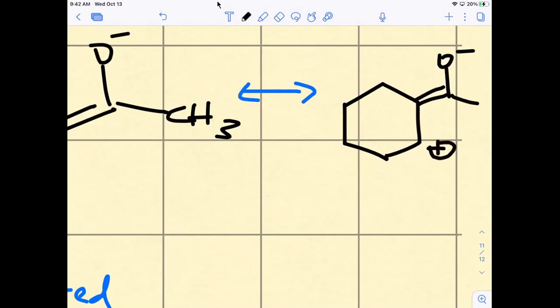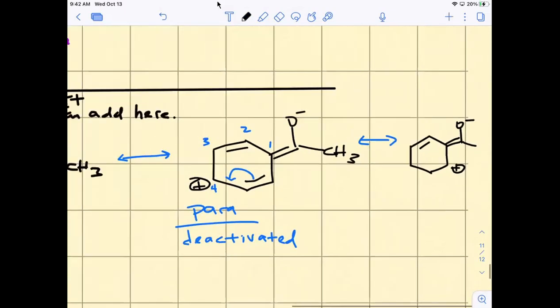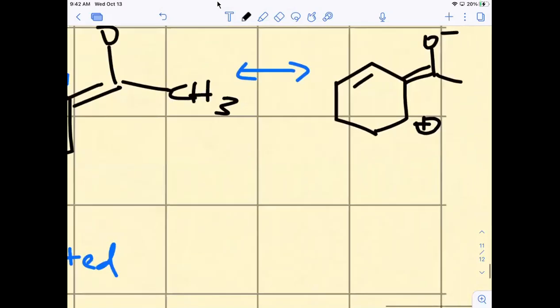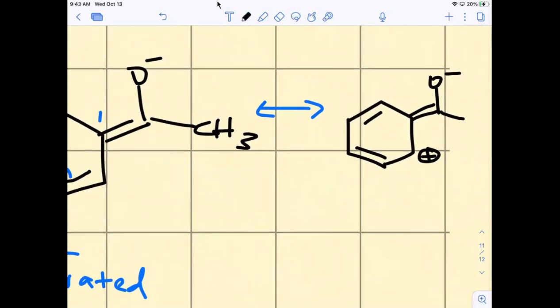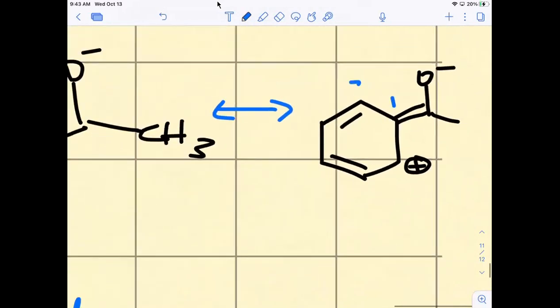That's positive. So now that would be 6. Who said 6 initially? Quinetta. Okay. So this is also ortho. That's also deactivated.